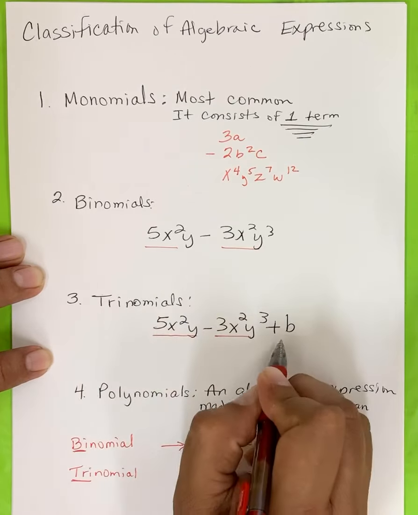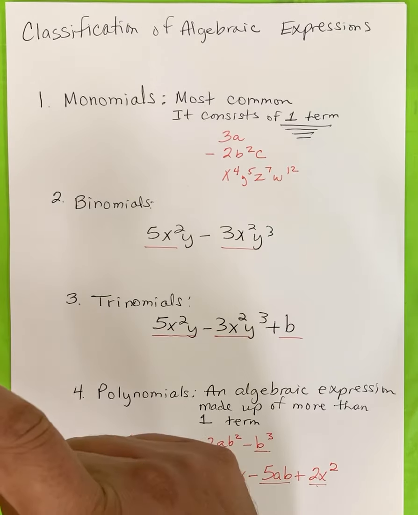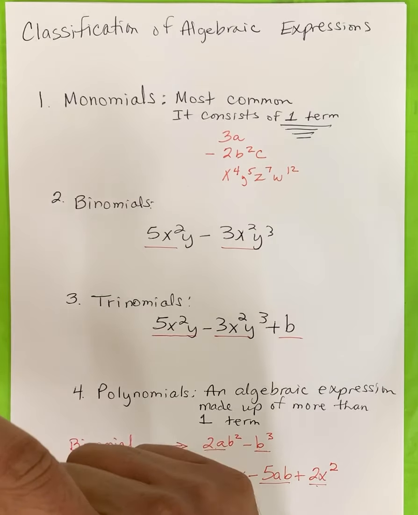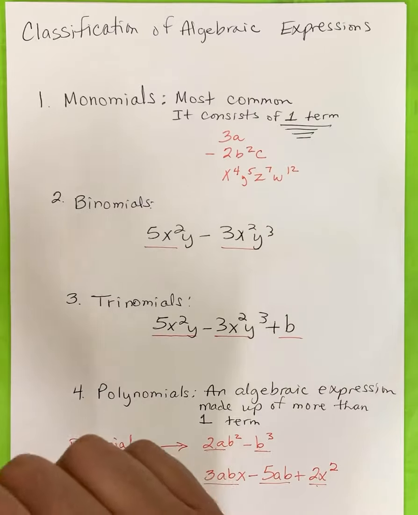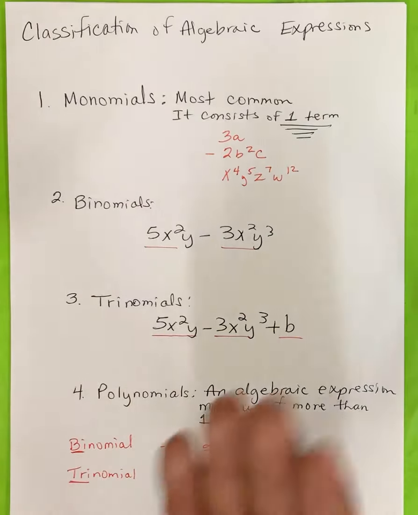1, 2, and 3. Okay, so once again, whenever you hear your teacher talk about monomials, binomials, trinomials, or polynomials, this is what we're talking about. Monomials are the most common. A monomial consists of one term, meaning it's one part of the problem between the plus or the subtraction sign, the division, the multiplication.